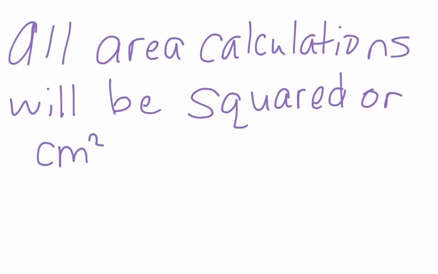All of your area calculations, no matter what the shape, is going to be squared. So it's very important to make sure that you indicate that the area is squared. Perimeter is not squared. You're just finding the outside of the shape, just the distance around.